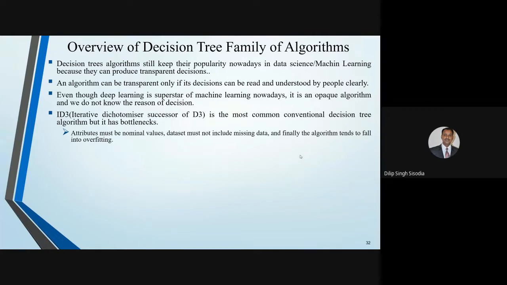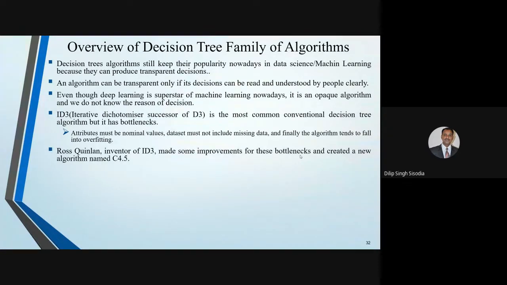So ID3, the iterative dichotomizer, which was the successor of D3, is the most common conventional decision tree algorithm, but it has bottlenecks. Attributes must be nominal values, and the data set must not include missing data. It is not necessary that attributes are always nominal; they may be categorical values or numerical values.